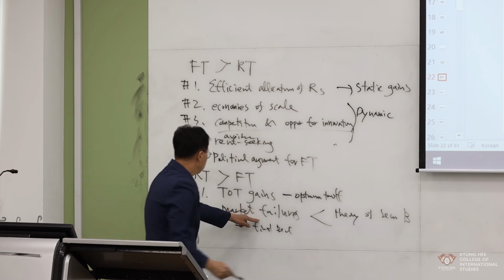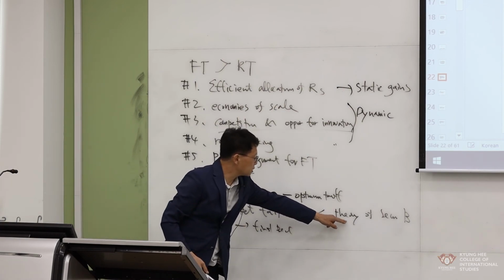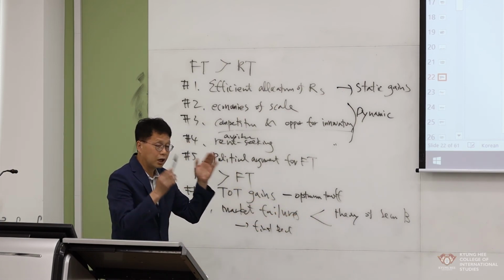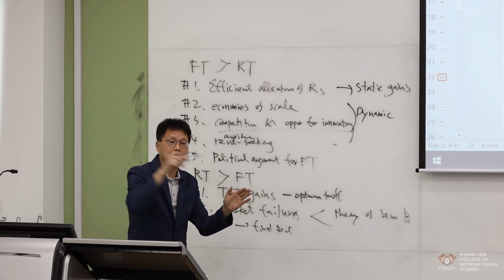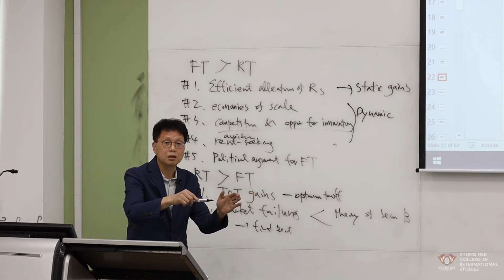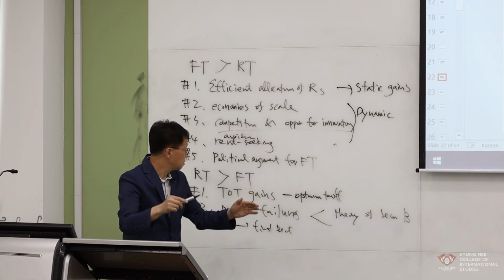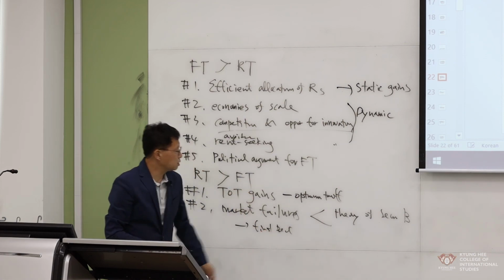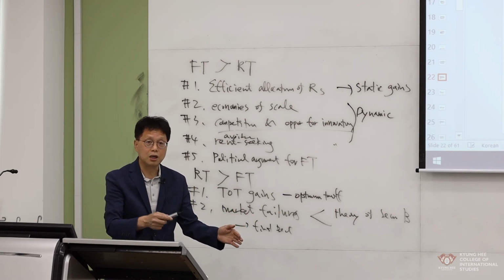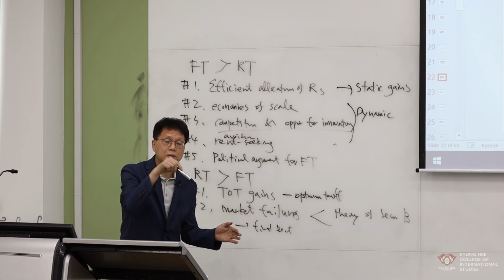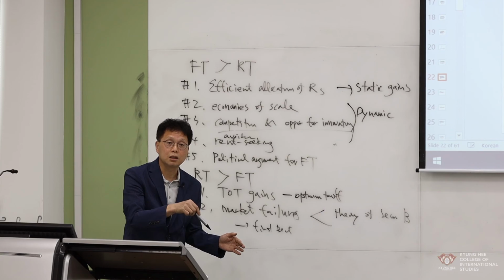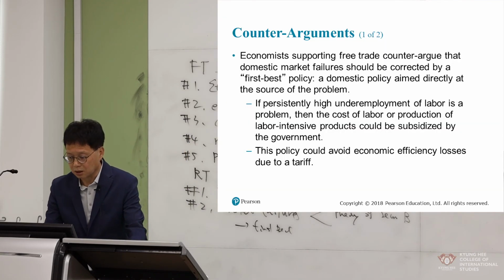So theory of the second best argument is market A fails, then government intervenes in market B to increase national welfare. Okay? But first best policy story is market A fails, then government intervenes just in market A directly. Okay? That is first best theory, right?